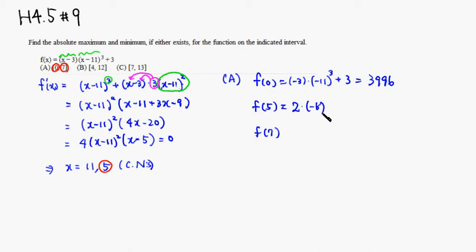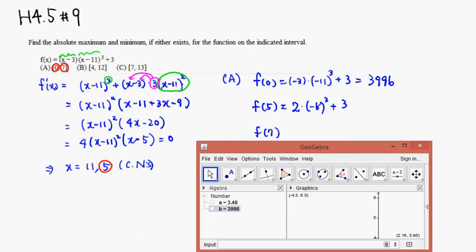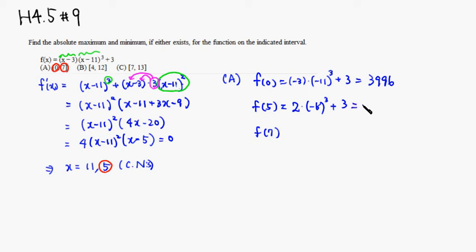Let's find f of 5, which is going to be 2 times 5 minus 11, so negative 6 cubed, plus 3. So it's 2 times negative 6 cubed plus 3, which is negative 429.